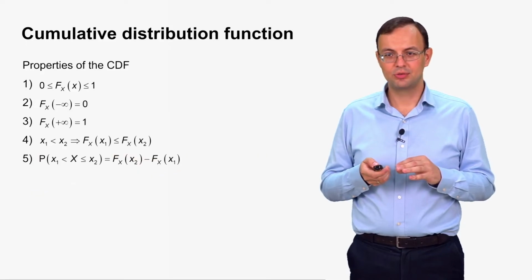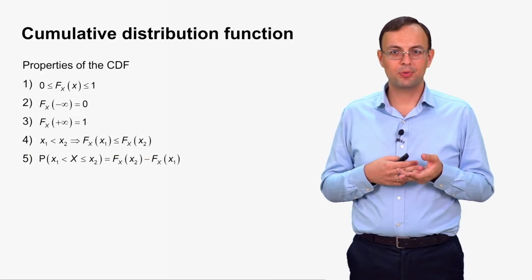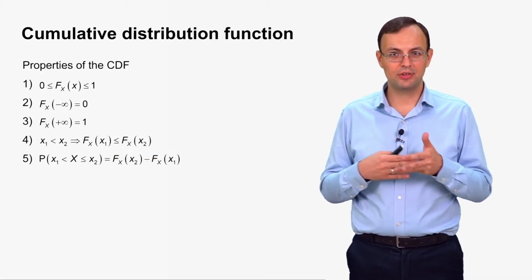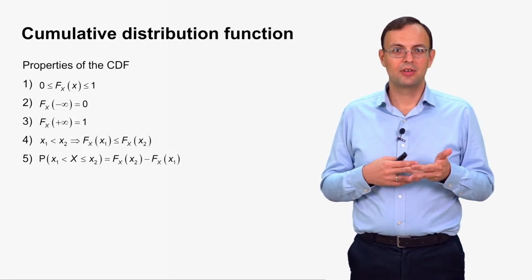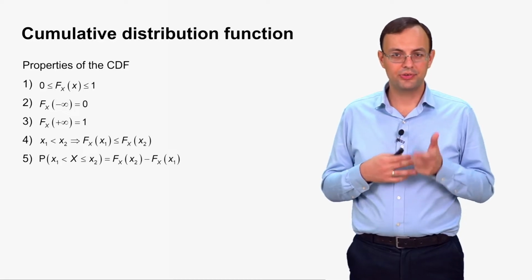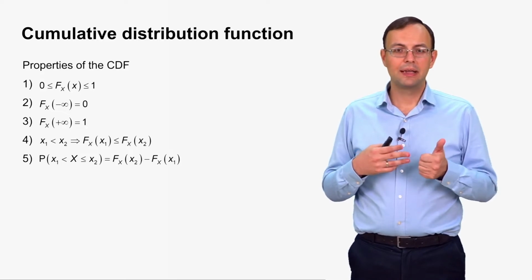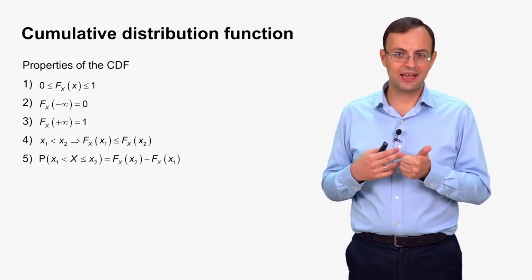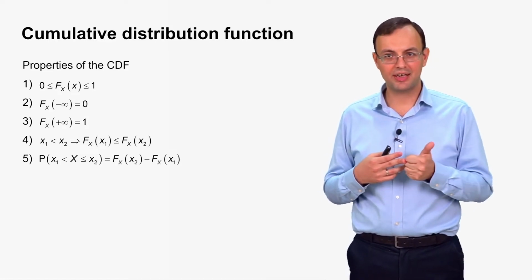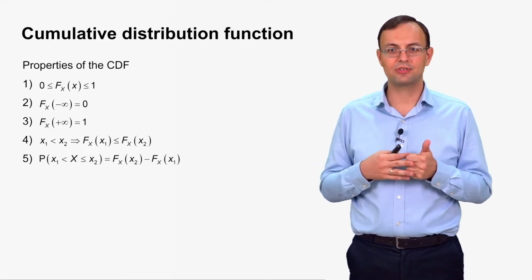Let's now describe them with formulas. The first property is that the value of any CDF is between 0 and 1. The second, its limit at minus infinity is 0. The third, its limit at plus infinity is 1. The fourth, if x1 is less than x2, then f of x1 is less than or equal to f of x2. So this means that this is a non-decreasing function.